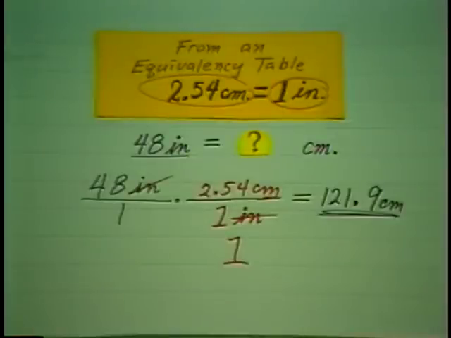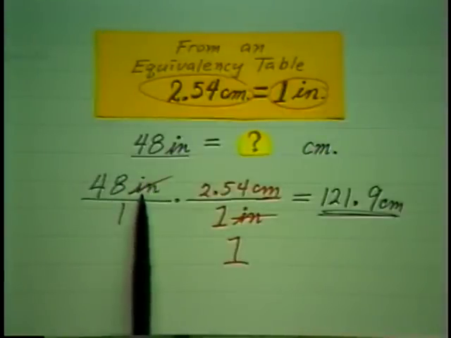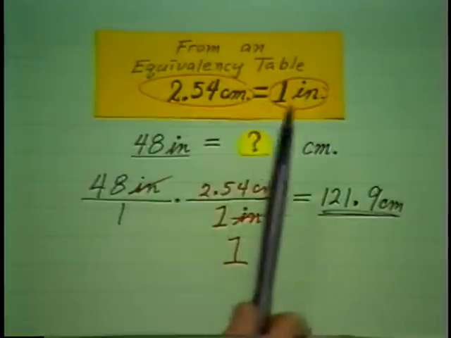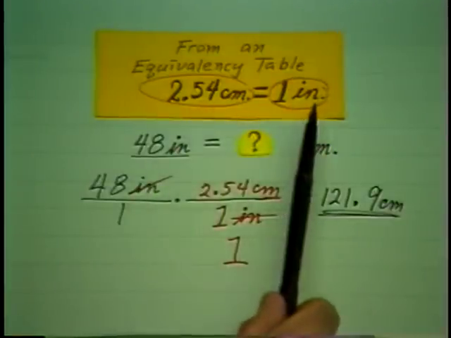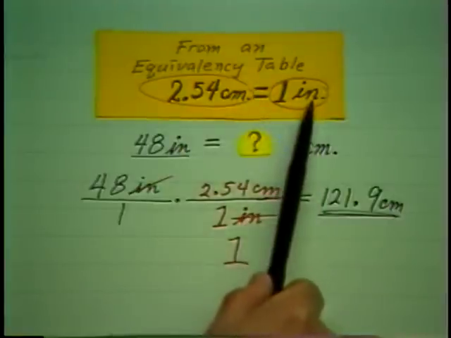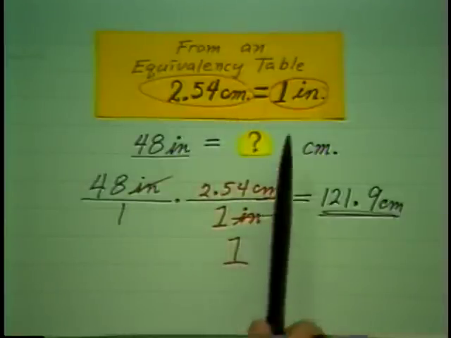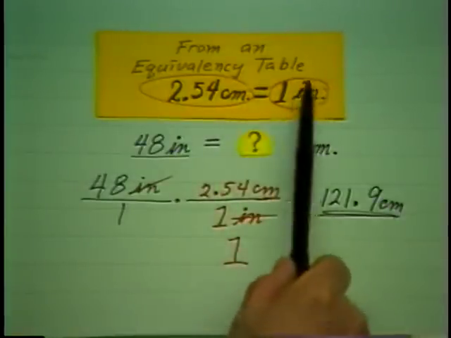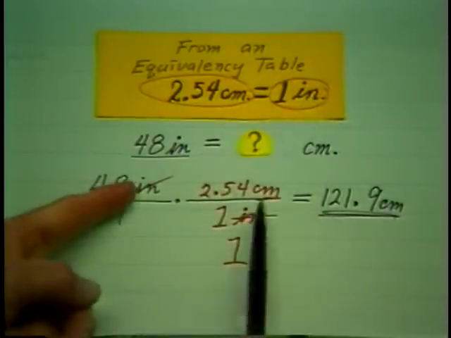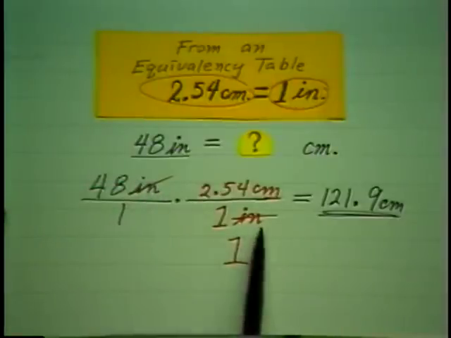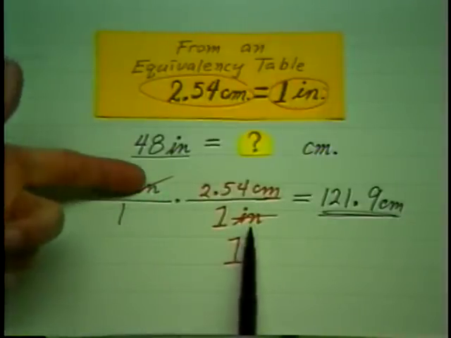So let's back up and see what we did. First, we concentrated on what we wanted to get rid of. We tried to find an equivalency in a chart that gave me what I wanted to get rid of and a relationship with what I wanted. Okay, I put the side of the equation with the thing I want to get rid of on the opposite side of the fraction sign so it'll cancel.